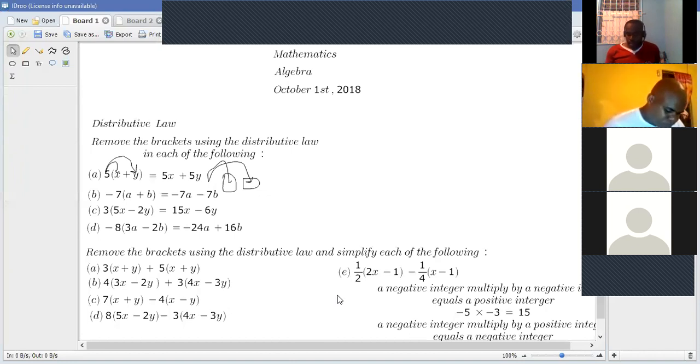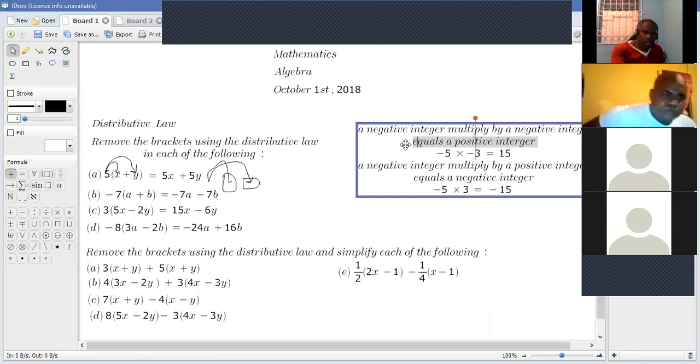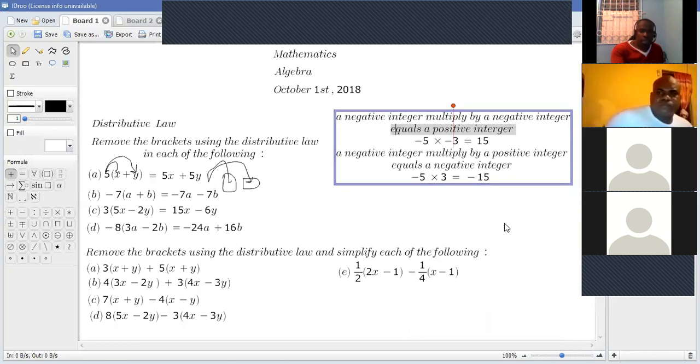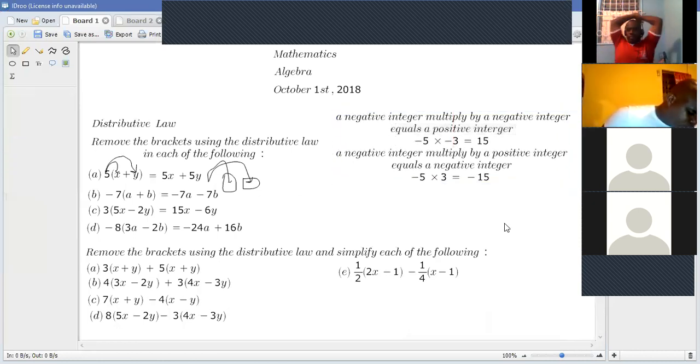Yeah, the bottom one. You never know. So hold on there. No, sir, I think you said that right. Okay. Plus 3y.